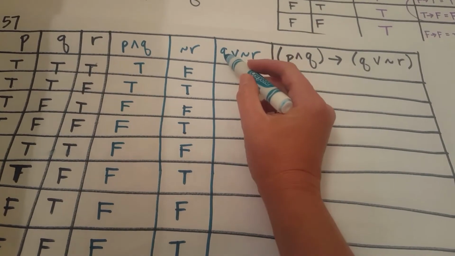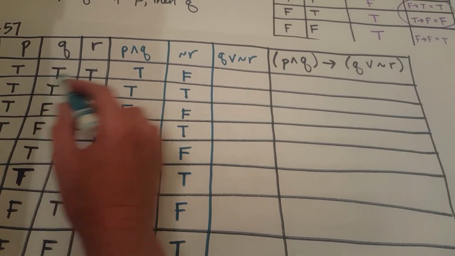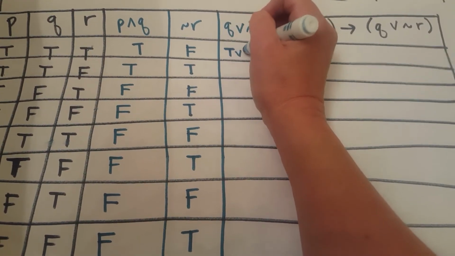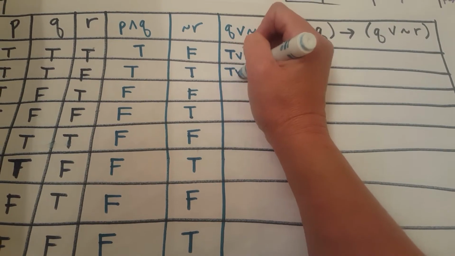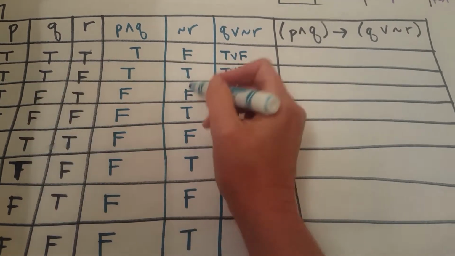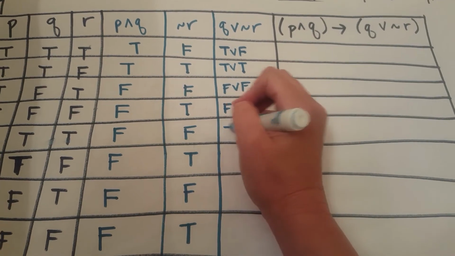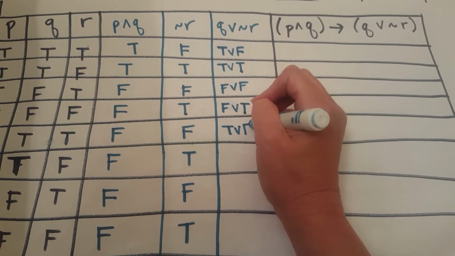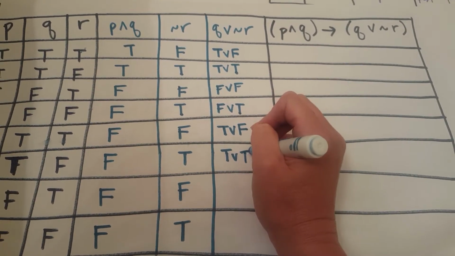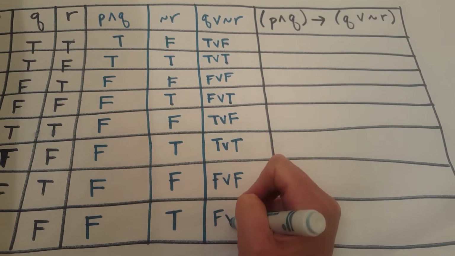All right, now, Q or tilde R. I want Q and I want tilde R. These are so far apart, I'm just going to write the little equation right here. So this would be true or false, true or true, false or false. So I'm taking the Q and the tilde R. False or true, true or false, true or true, false or false, false or true.